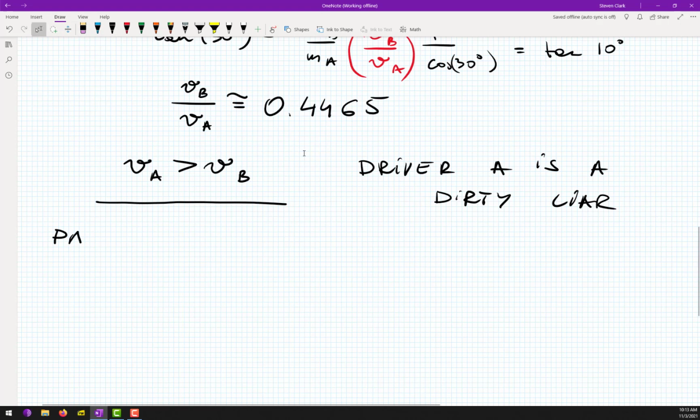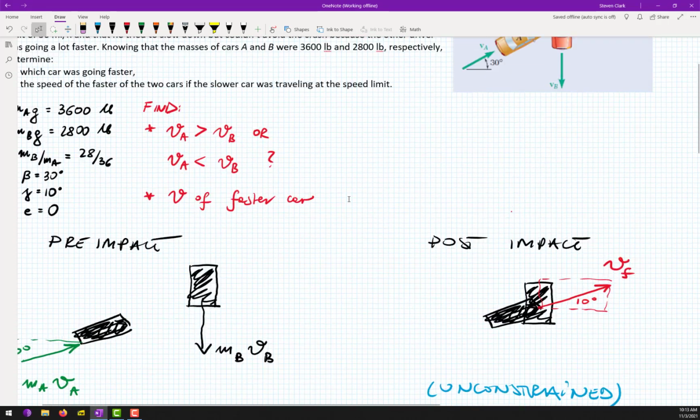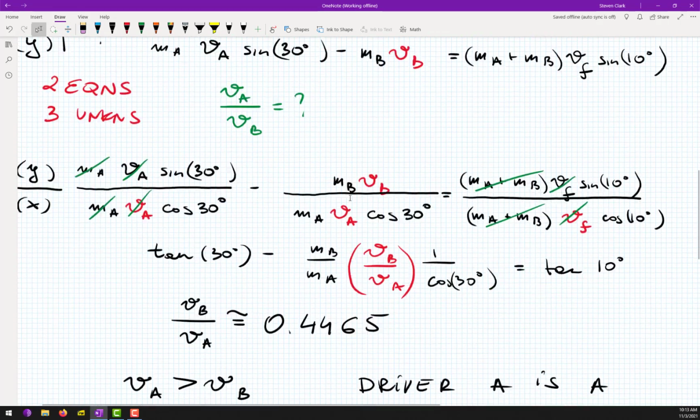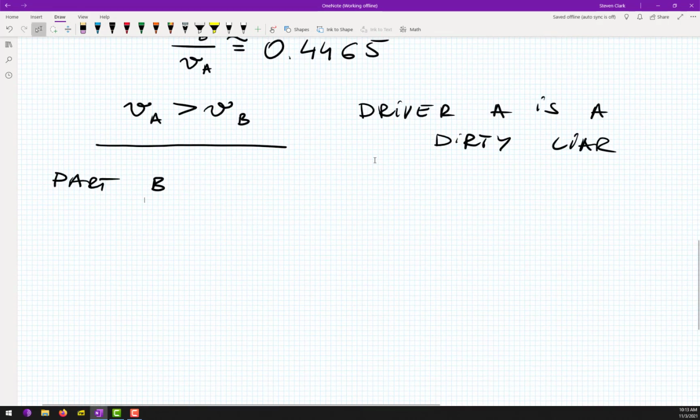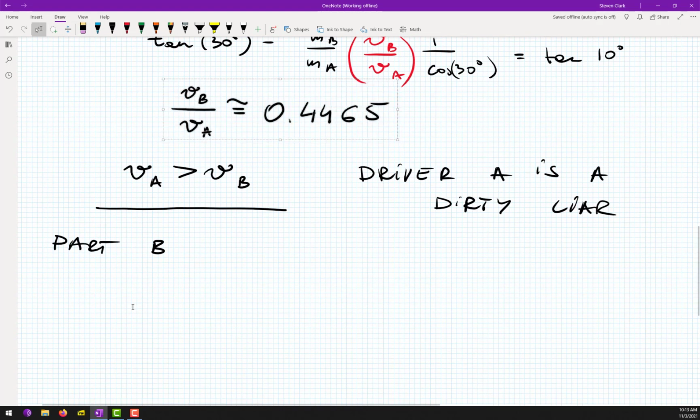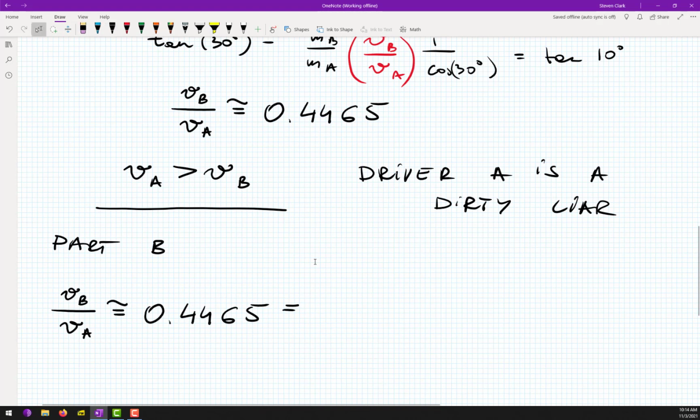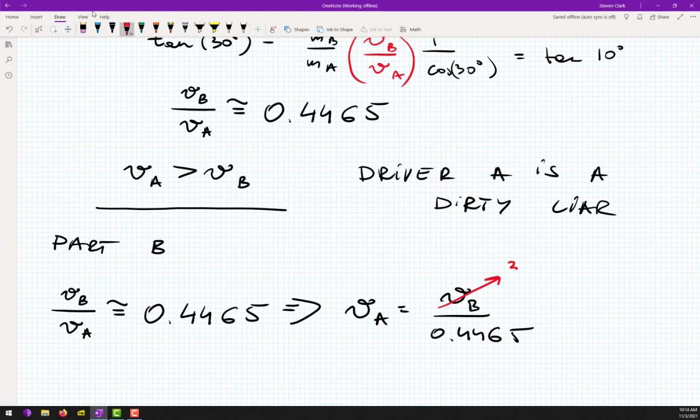Now part B. They ask us to find what was the velocity of VA if VB was driving according to the rules, right? So based on this equation, we can just write that VA is equal to VB divided by 0.4465, and this thing is 30.